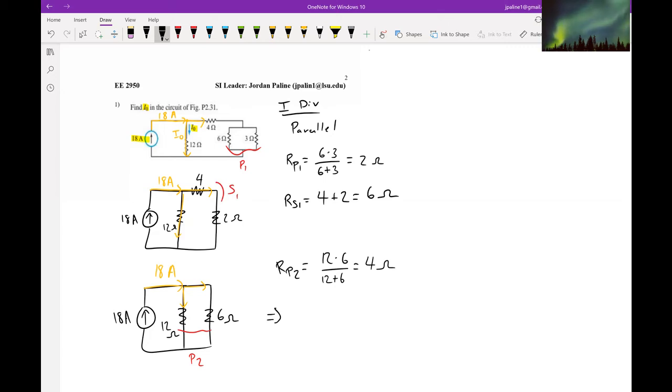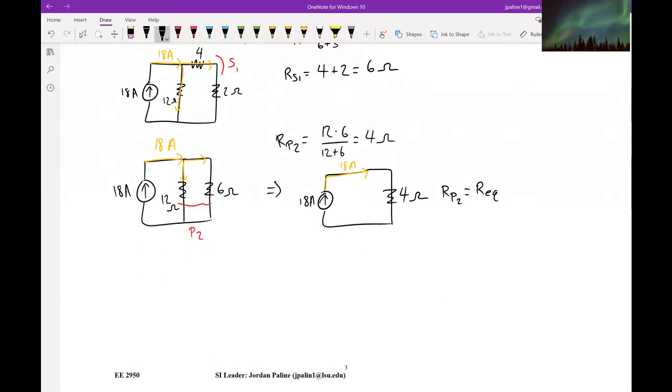And therefore, we end up with this circuit, 4 ohms. Okay. We have 18 amps going that way. So our R parallel 2 is equal to our R equivalent.